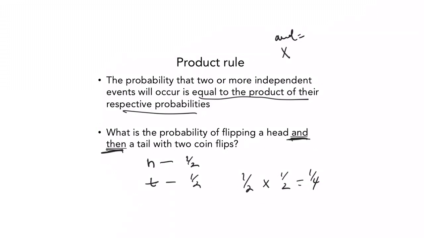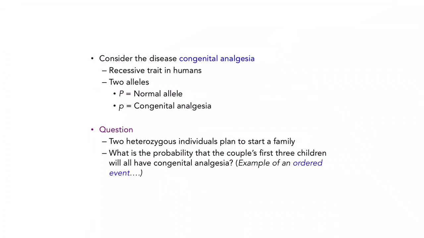Now, there are a couple of other rules that we're going to talk about too. There's the sum rule, and there's also the binomial expansion. First, let's apply this specifically in the case of genetics. Here we have a disease referred to as congenital analgesia, and this is actually a real disease.